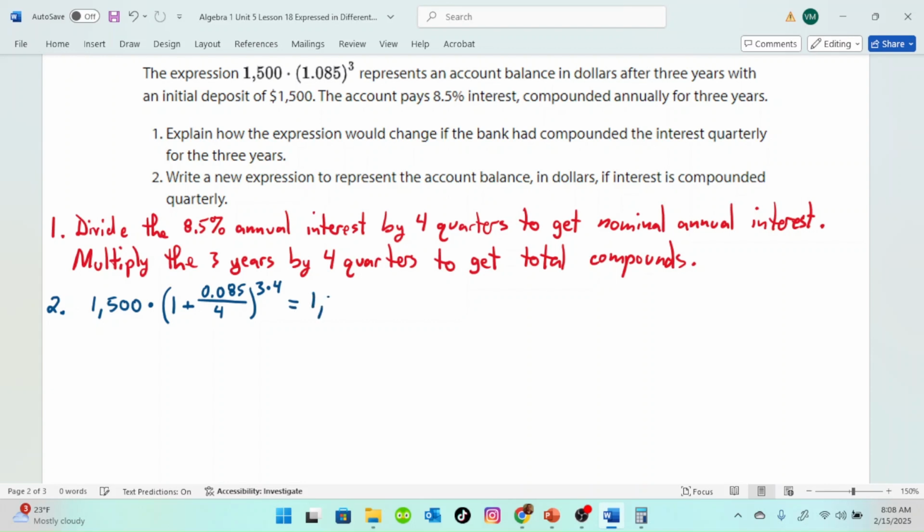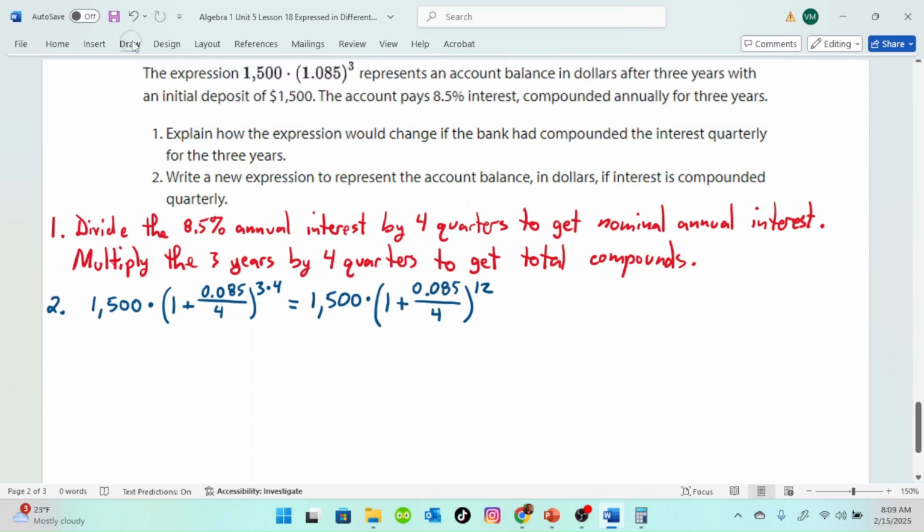So this would be 1,500 times 1 plus 0.085 divided by 4 to the power of 12. And this would represent the quarterly compound interest.